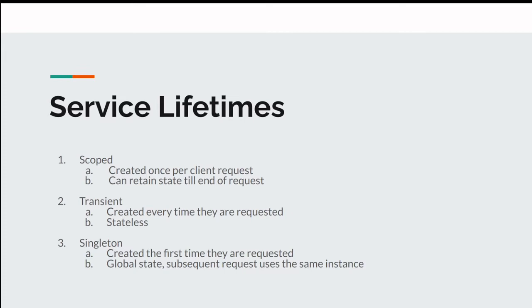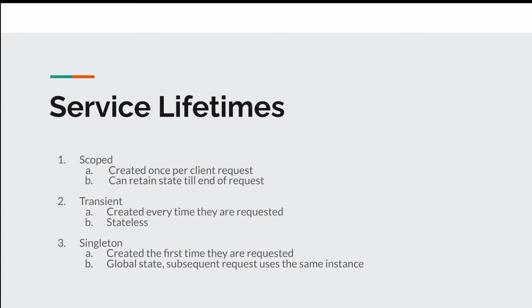Let's say we register the same number counting service with the transient lifetime. It's always going to start with the value of 0, and if we call that increase number method, it's going to just increase to 1. If we call upon the service again, it's again set at 0, and we can only increase it to 1, and so on.